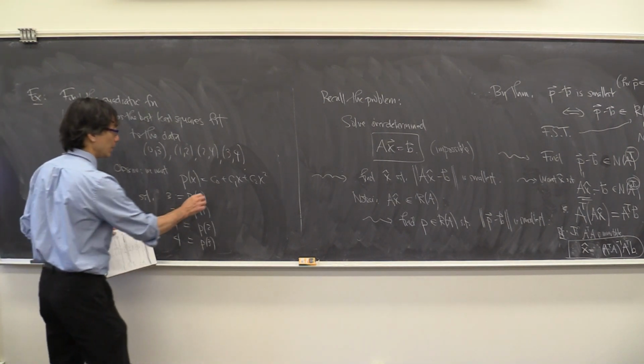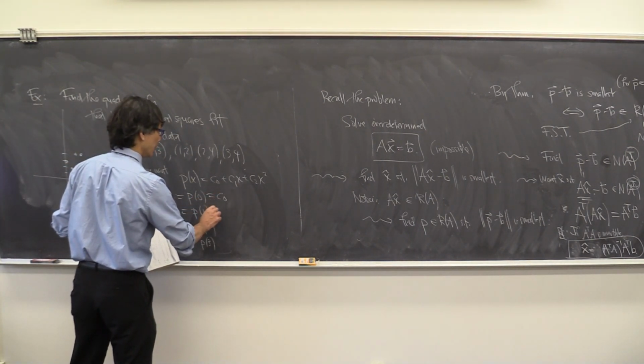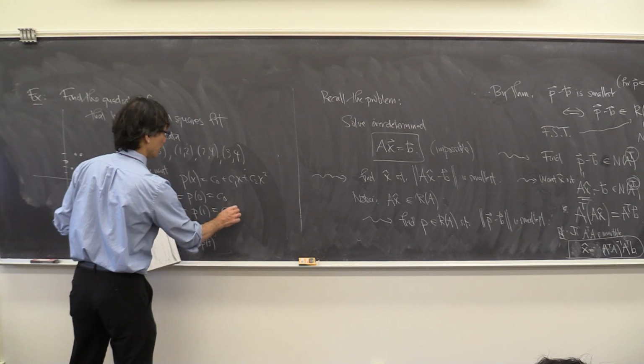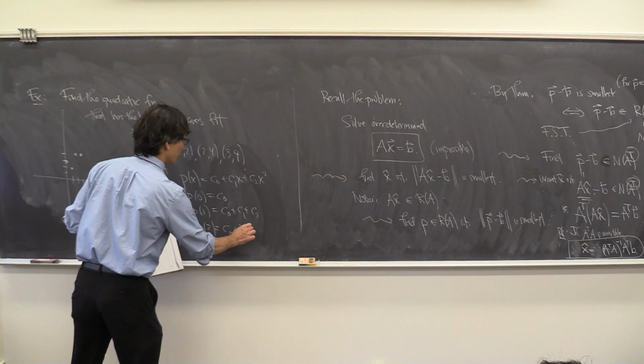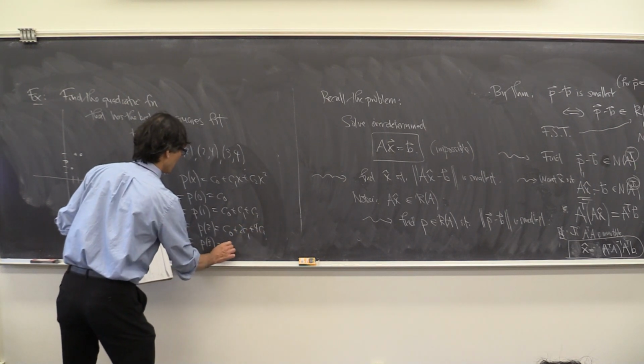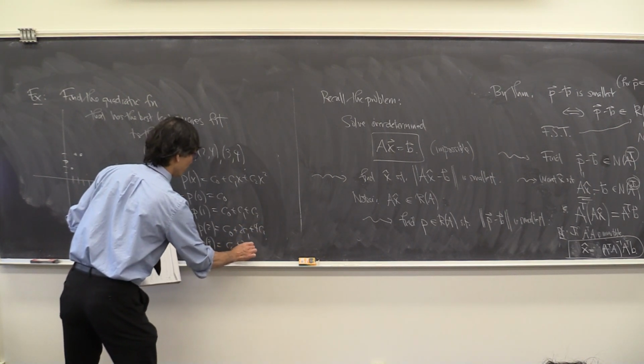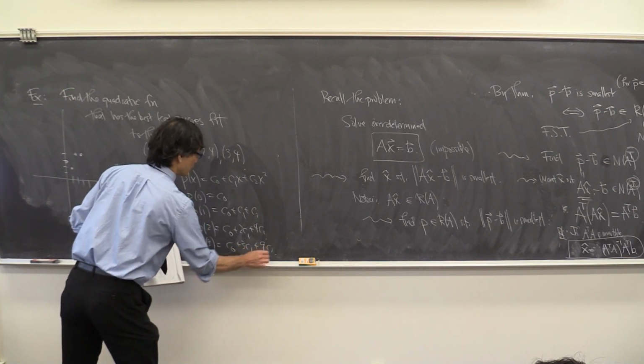That means this is going to be c naught, this is c naught plus c1 plus c2, this is c naught plus 2c1 plus 4c2, and this is c naught plus 3c1 plus 9c2.